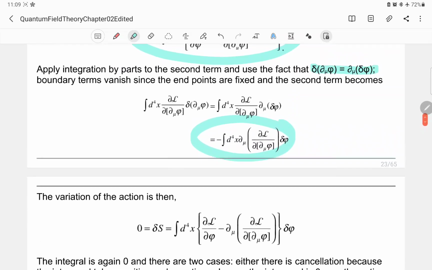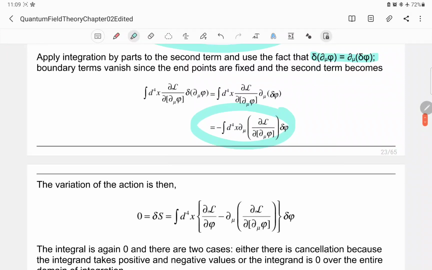And so the variation will lead us to this expression, but then again our change in the field is arbitrary, of course including 0.